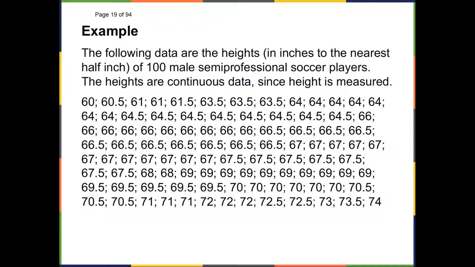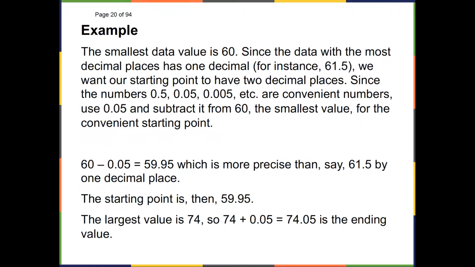So it looks like we got a lot of numbers between 5 feet, the shortest guy, and the highest is 6'2". What I would do first is organize that data from lowest to highest.